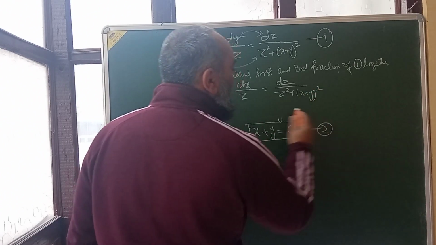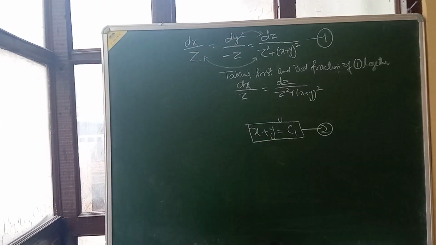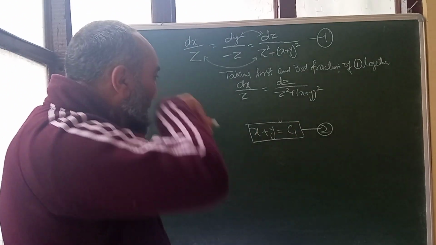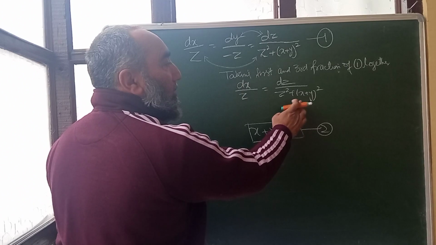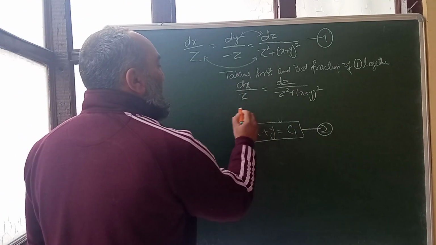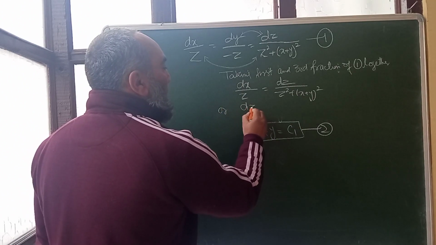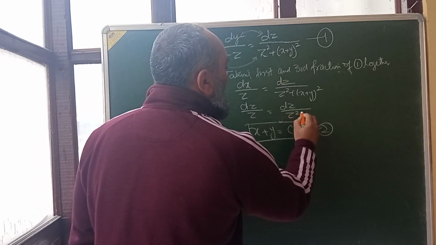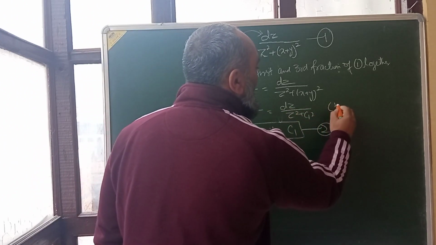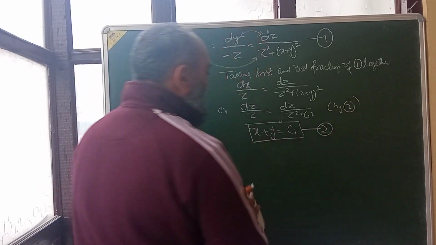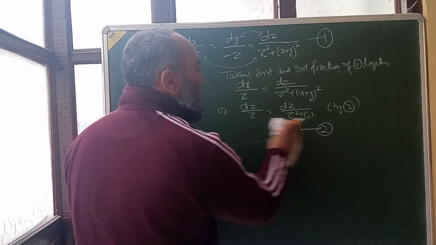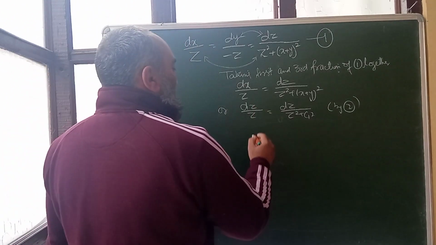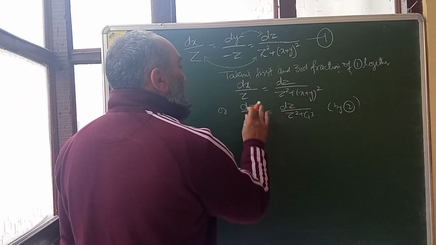Let me suppose that this is 2. Okay. Now, let me use this 2 in this. Or dx by z equals dz upon z square into c1 square, because x plus y is c1. So, I have chosen x plus y. Now, let me try to solve it. This is dx.